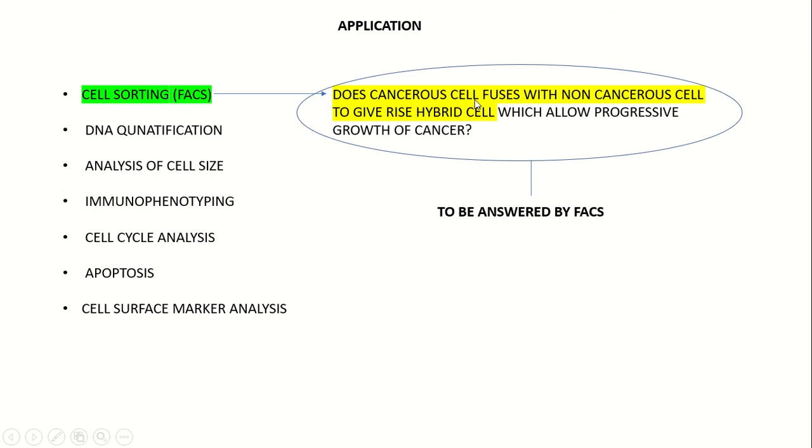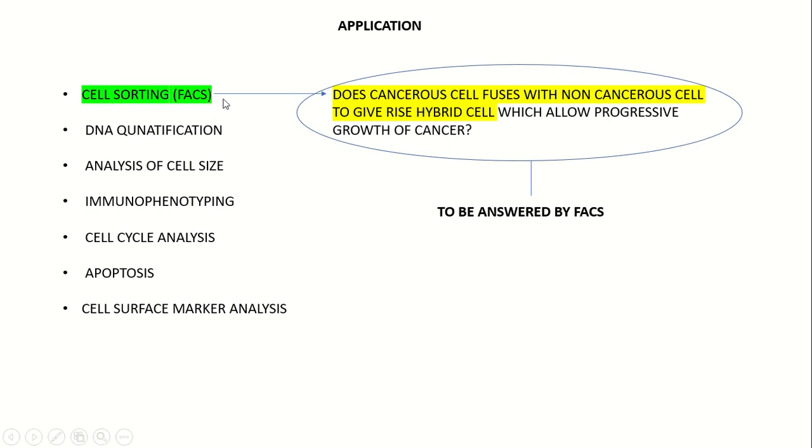Although their final conclusion was more related to genome instability, in the first half they tried to explain this portion that I have highlighted, and to reach the conclusion for this particular fragment of the question, they used flow cytometry, particularly fluorescence-assisted cell sorting.